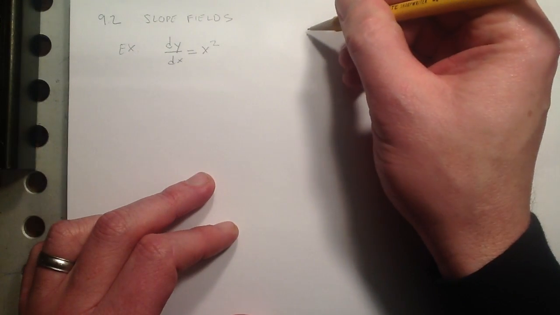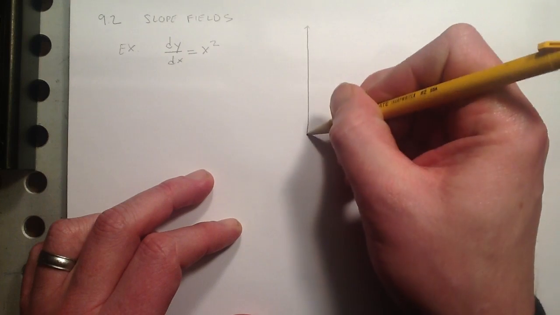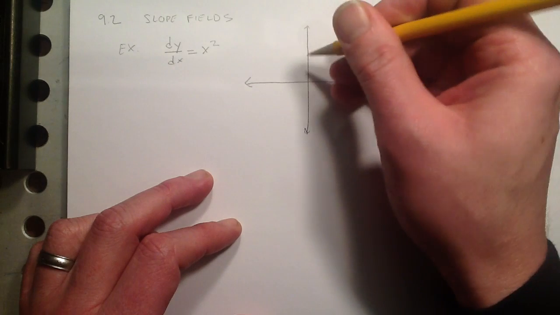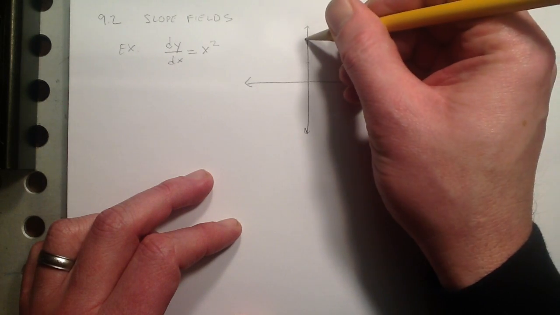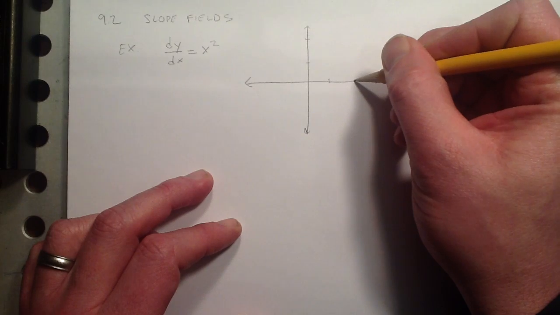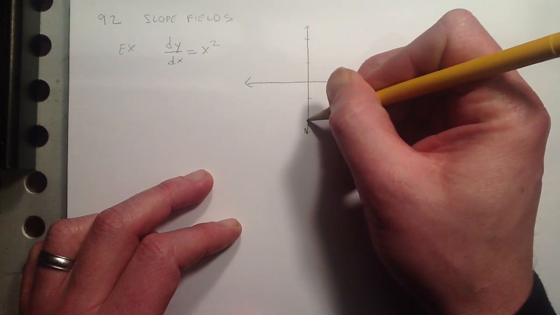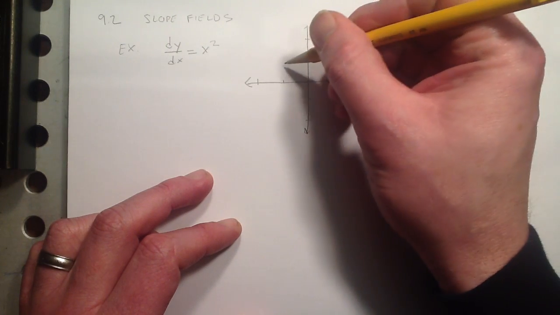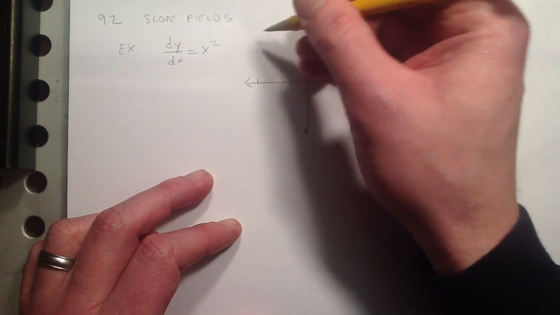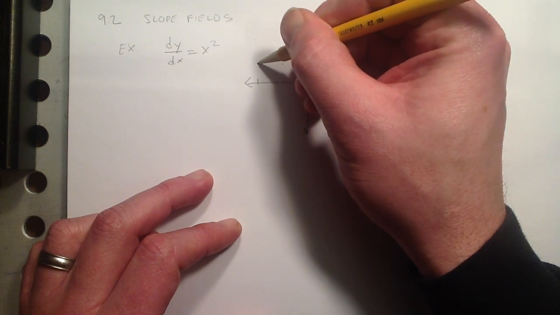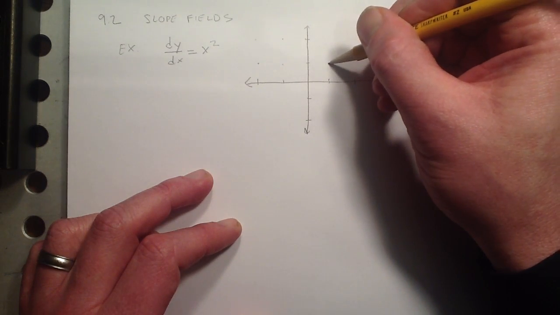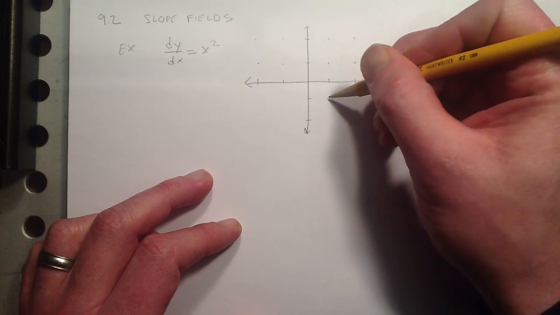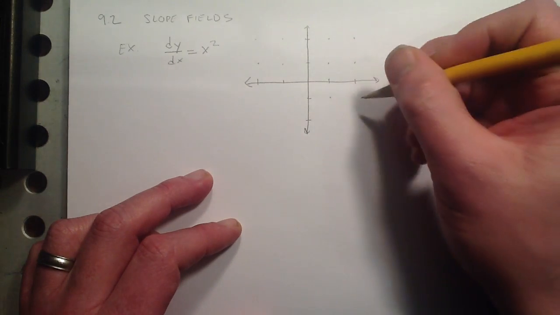And let's say we want to make a slope field that includes the points from -2 to 2 on the x and the y-axis. That seems like a pretty small range, but that's actually going to be 25 points. It's 5 by 5.